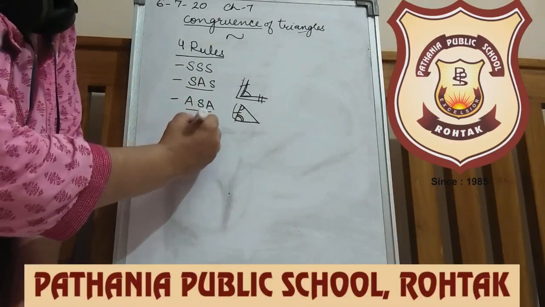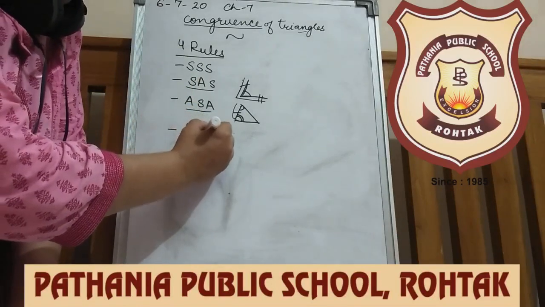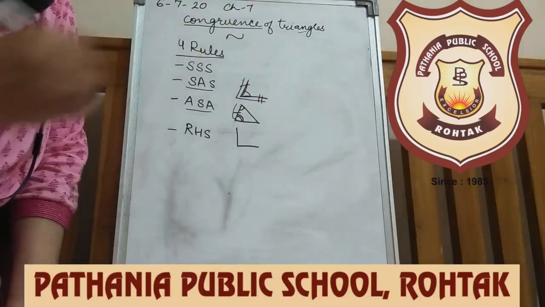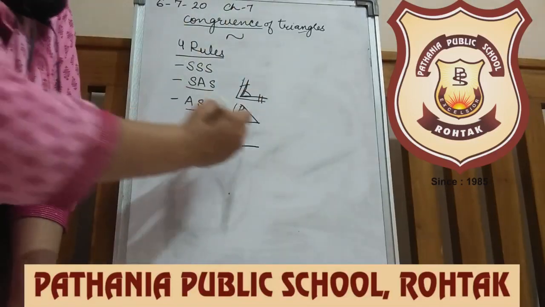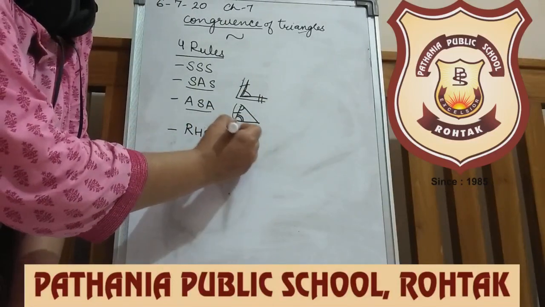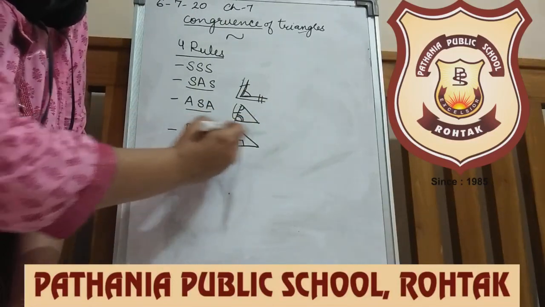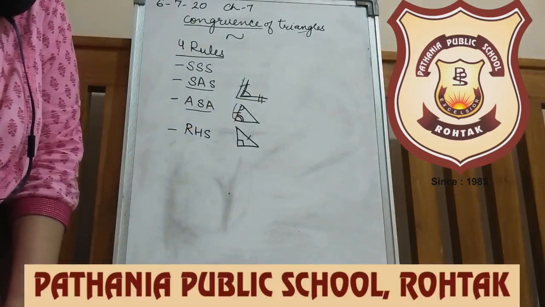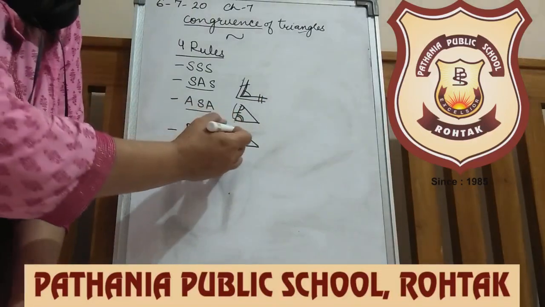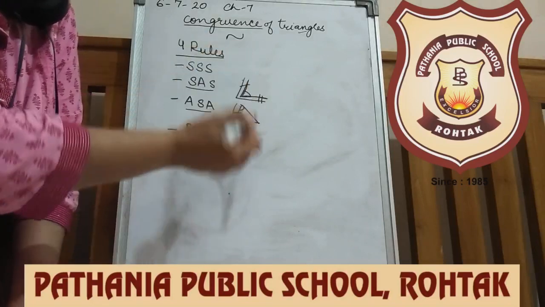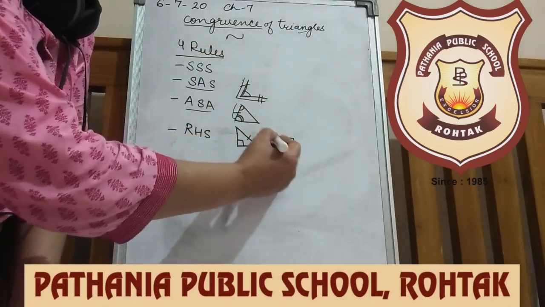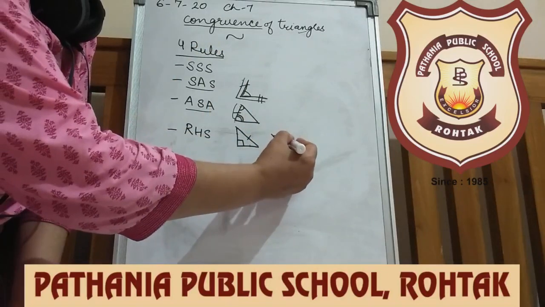And the fourth one is RHS. This is only applicable to right angled triangles. This side is the hypotenuse, the side opposite to the right angle, and any one of the other two sides can be equal to the other triangle.